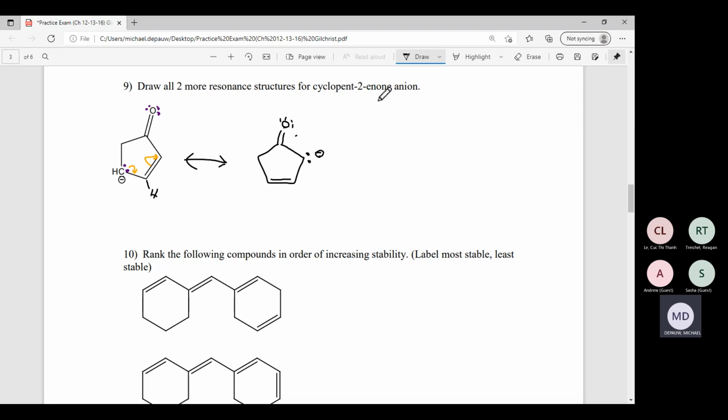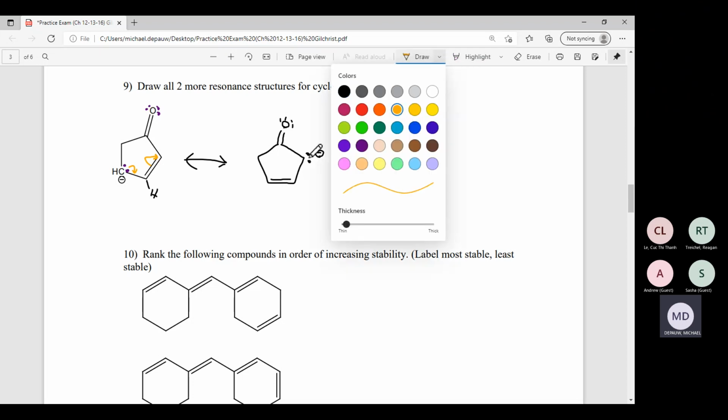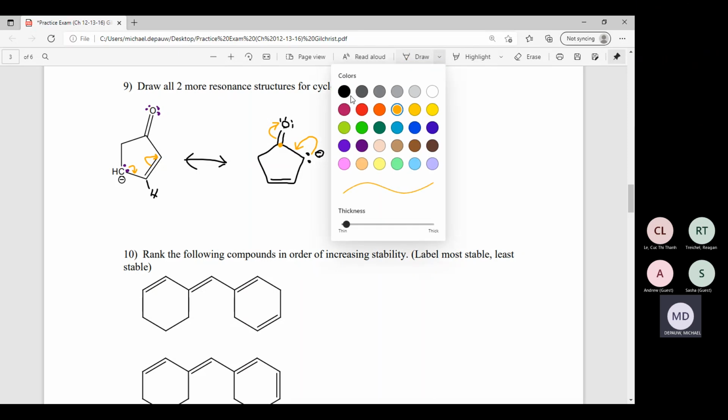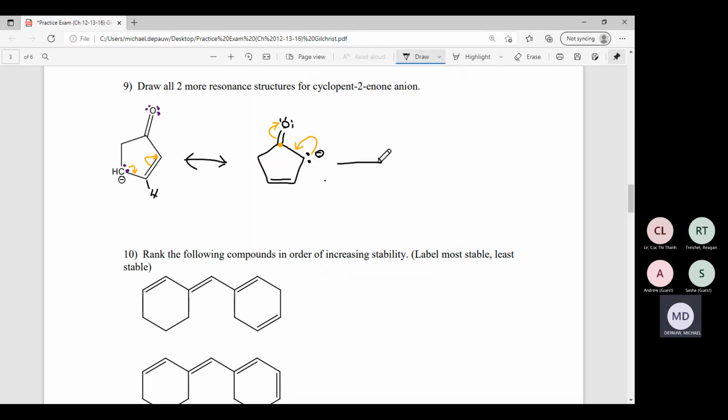Okay. So then the next thing I'm going to do is move these electrons again. Once again, atom to bond. But that's going to put too many electron groups on this carbon. It'll be 5 pairs of electrons or 10 electrons. You can't have that. It's octet rule. So this is going to have to come up here and go on the oxygen. And so then I get my final resonance structure.